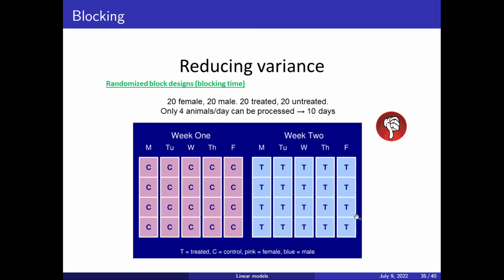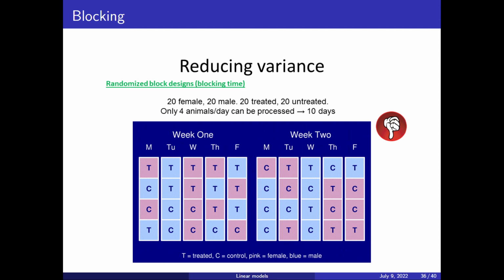And so I realized that, and then I make half of the females have controls and the other half have treatments, and the same for males. And now this is my experimental design.